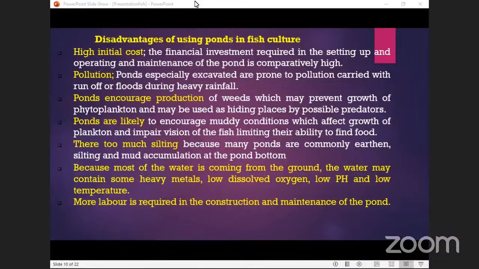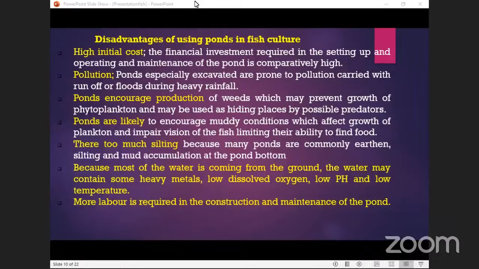Silt can easily cause blocking of the draining pipe, the inlet, and the outlet. So when such parts are closed, it becomes hard to refill water and to remove contaminated water from the pond. And because the water is coming from the ground, the water may contain some heavy metals.